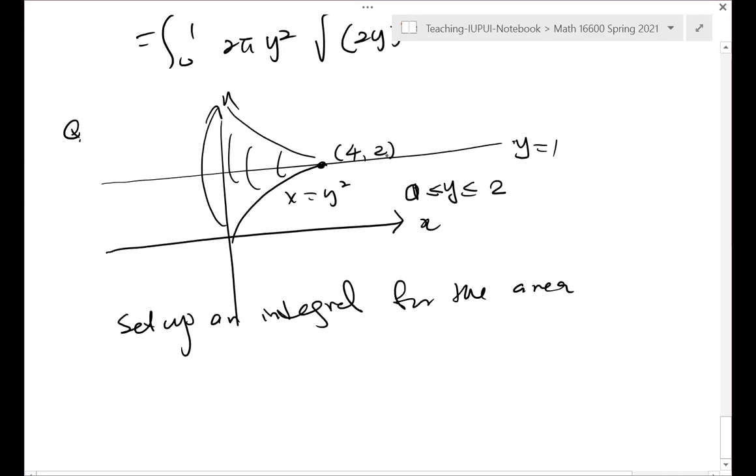All right, set up two integrals with respect to x and y. Please do this. I give you a couple of minutes. I hope some of you are able to set up the integral.